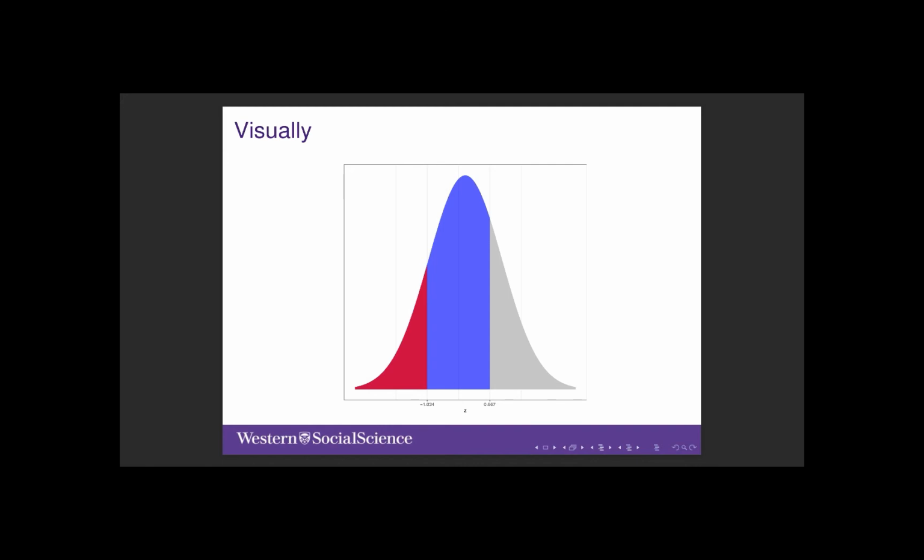If we look at the probability of being less than -1.034, that's just the red area. Isolating the blue area by subtracting the red from the red and blue area gives us the probability of being in the particular range we're interested in.